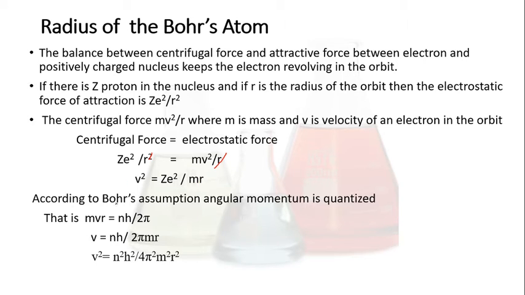So from here, finding v, we get v = nh/(2πmr). We know that v² = Ze²/(mr). Now squaring on both sides, v² = n²h²/(4π²m²r²).